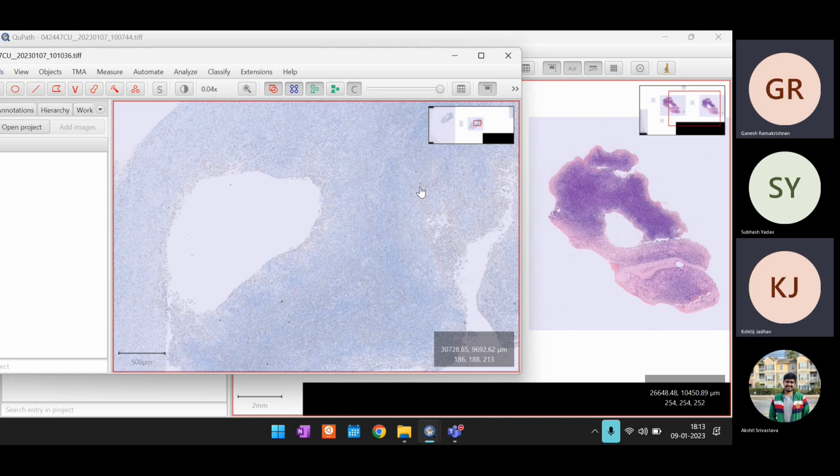But the problem is these two images are not exactly overlapping. So what we are trying to do is find the exact locations of Reed-Sternberg cells on image 1, which is right now in front of our eyes, slightly magnified.